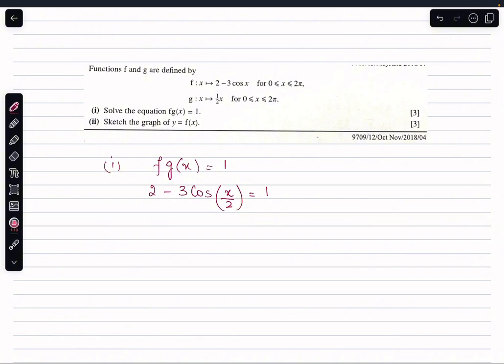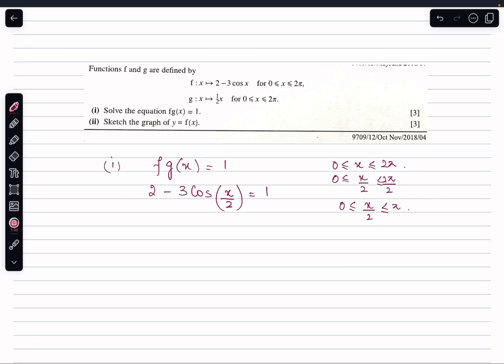If this equals 1, I need to solve the equation. The given domain was 0 less than or equal to x less than or equal to 2 pi. So now this domain shall be adjusted to 0 less than or equal to x by 2, which shall be less than or equal to pi. 2 pi divided by 2 just gives us pi here.